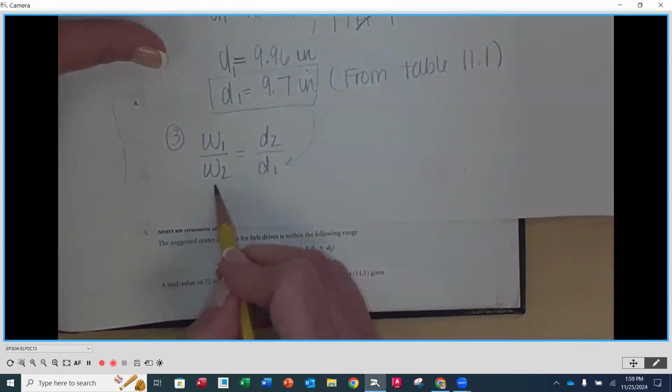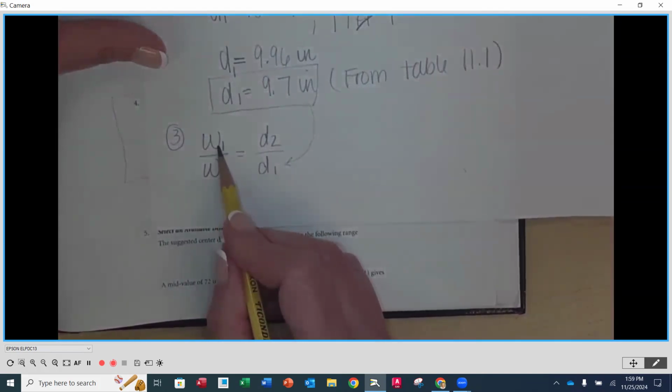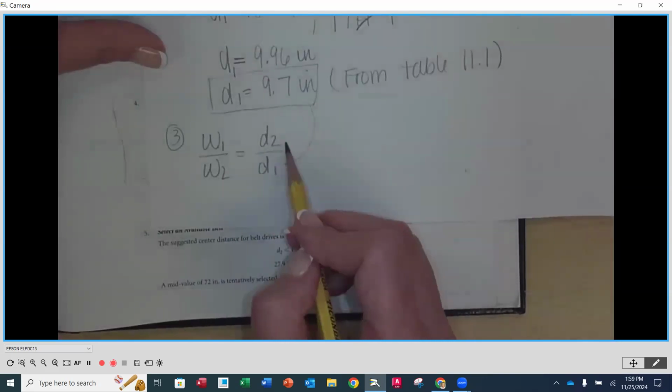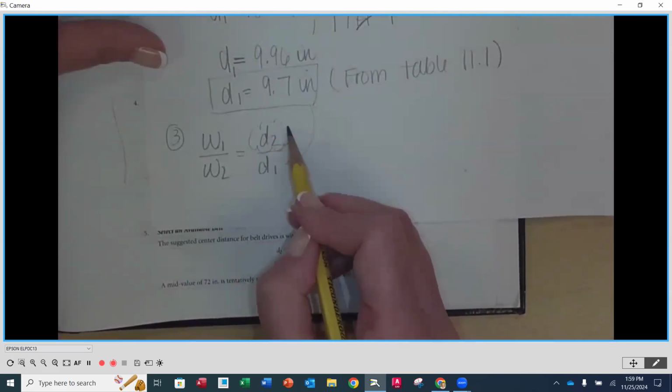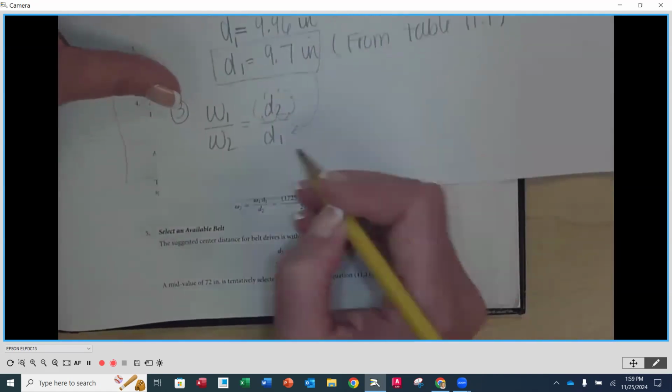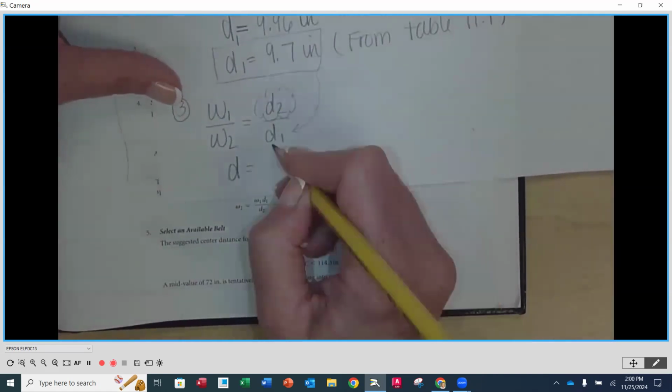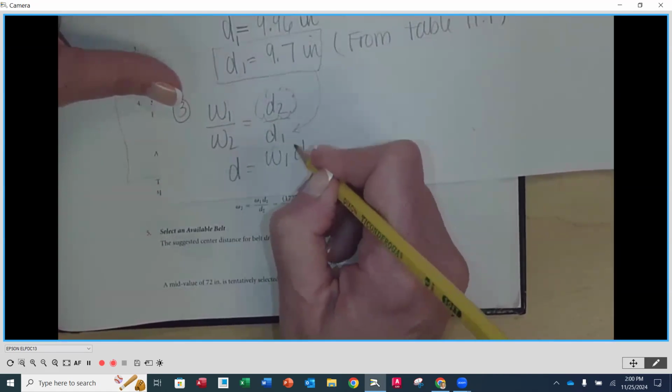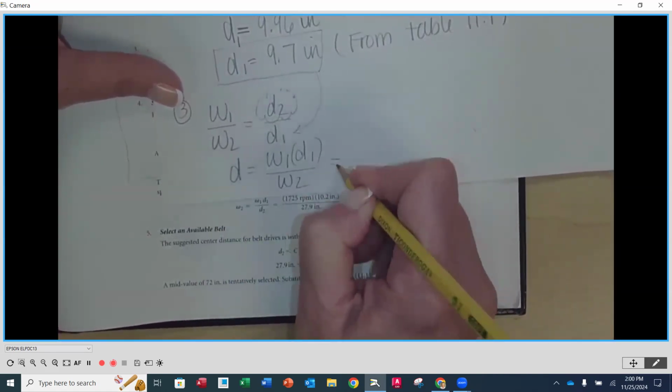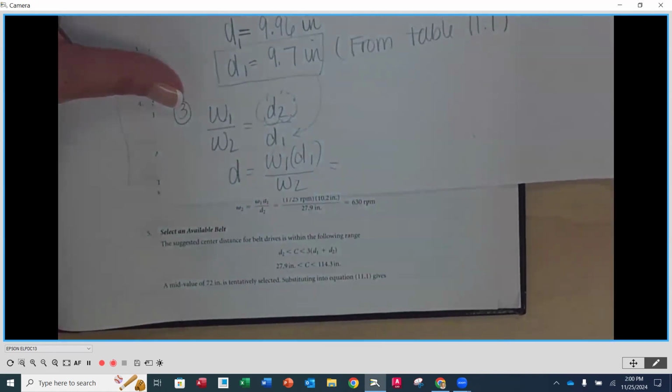We know that W2 is supposed to be approximately 600 RPMs, right? So we'll use that as its value. And we know that W1 is 1725 RPMs. So we just need to solve for our D2 here. That means that D2 is going to be equal to W1 times D1 divided by W2, just rearranging to solve for D2.